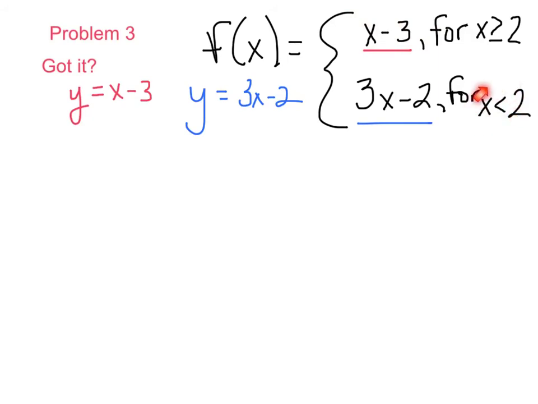For every value that's greater than 2, I'm sorry, I got that wrong. For every value of x that's bigger or equal to 2, you're going to use this equation. Less than or equal to 2, you're going to use this one. So you're going to use different equations for different values of x.